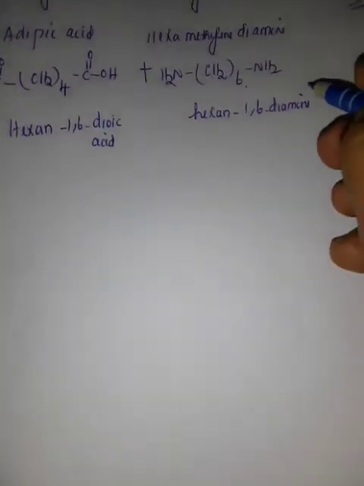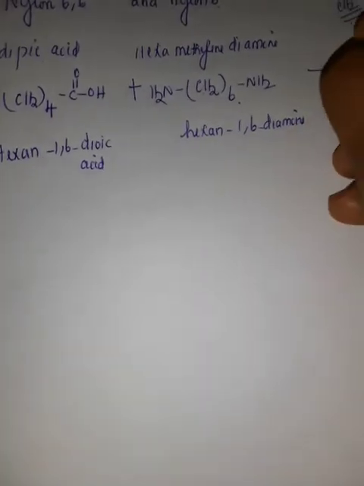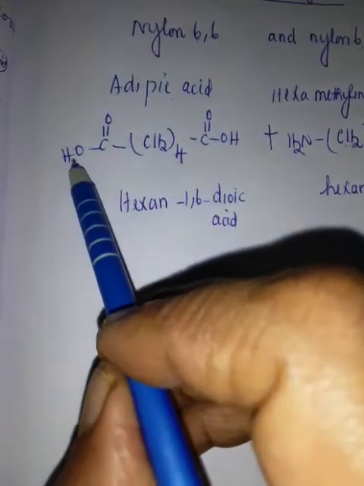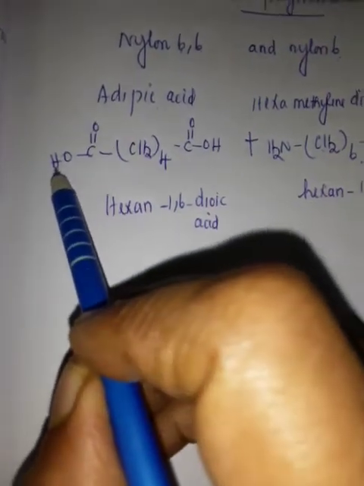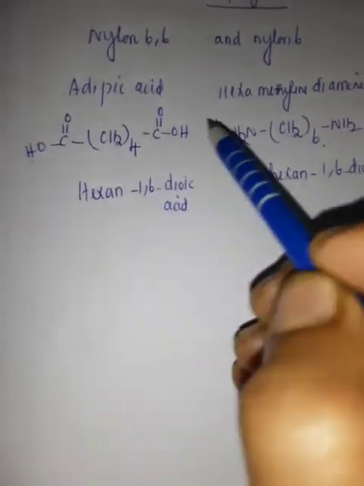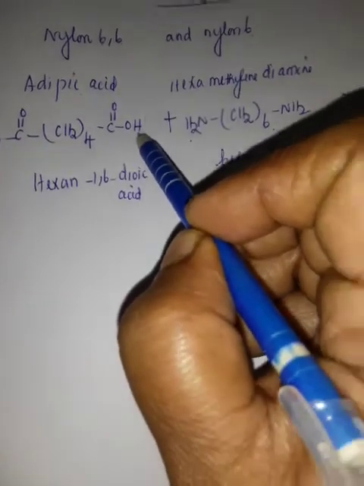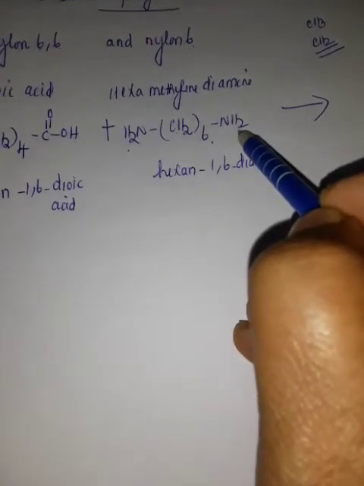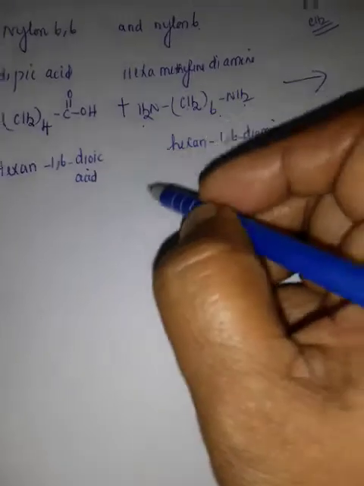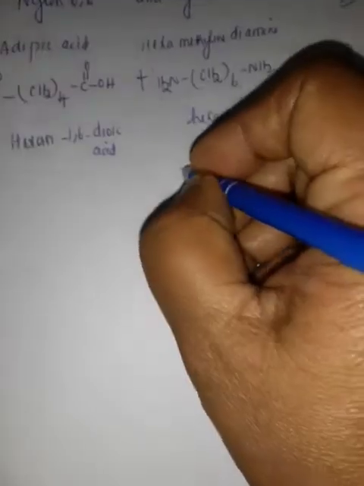Taken in equal amounts, from the COOH the hydrogen atom joins with this amine group NH2. Similarly, this hydrogen joins with this amine group, forming a salt, getting a positive sign. So I'll write this one.